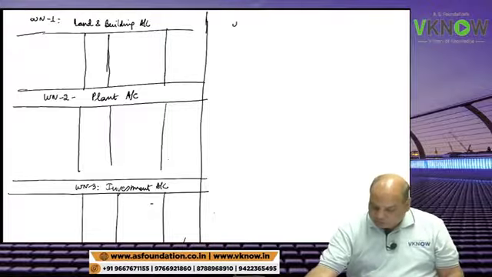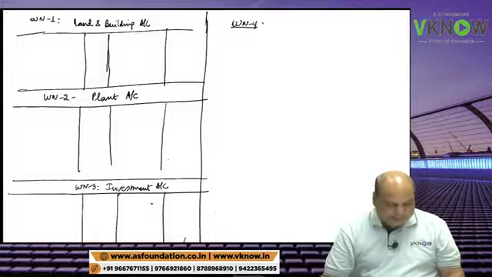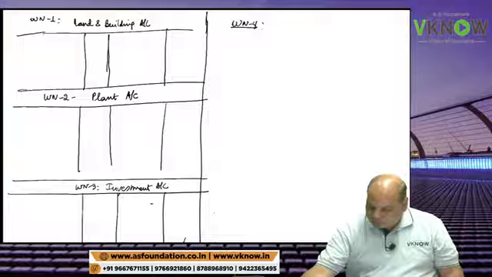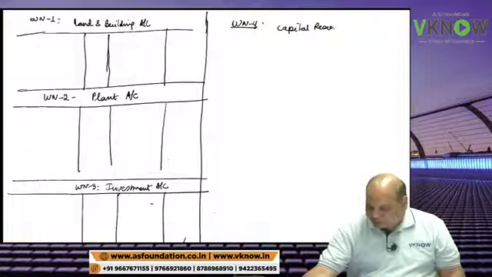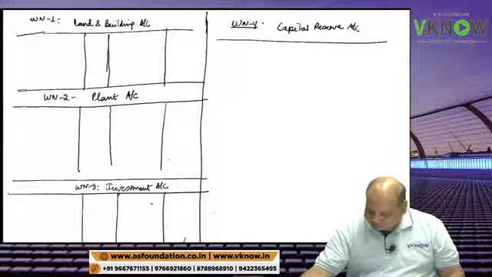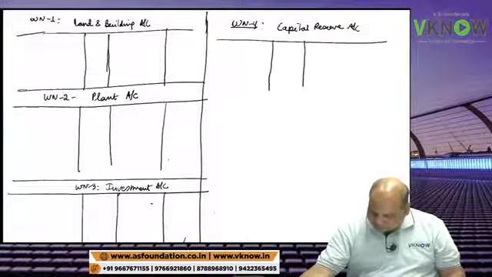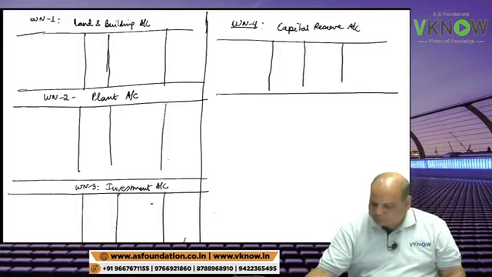Then working note 4, write down. You have one small capital reserve account. One entry has gone in capital reserve account also. 5 lines blank.